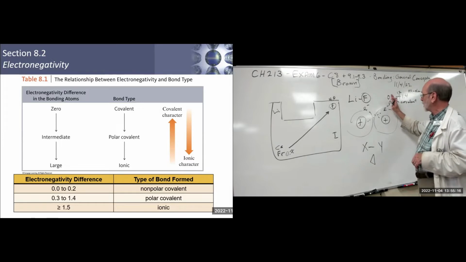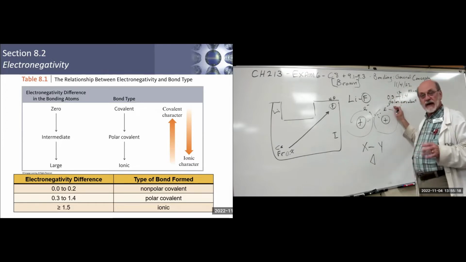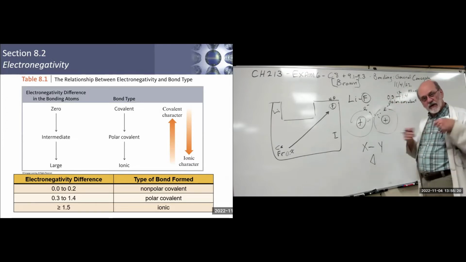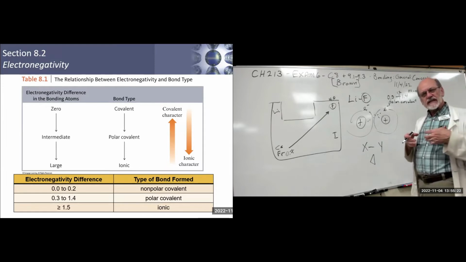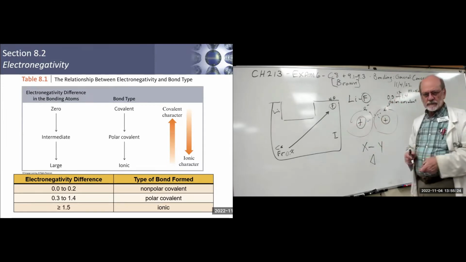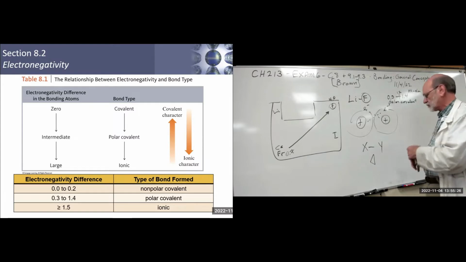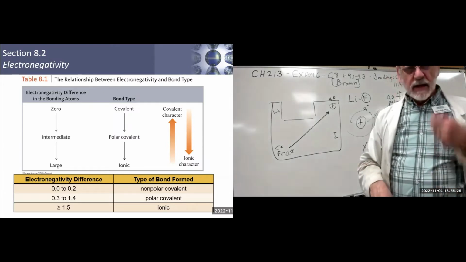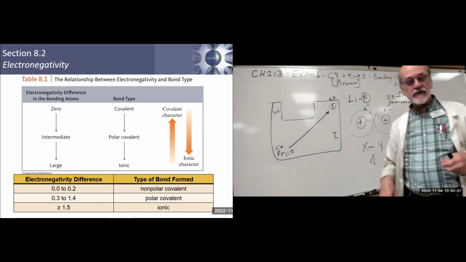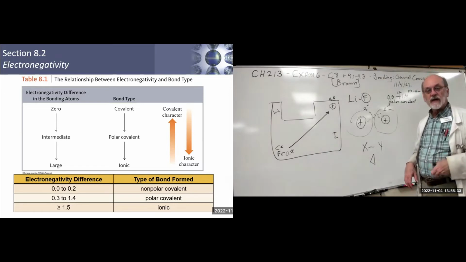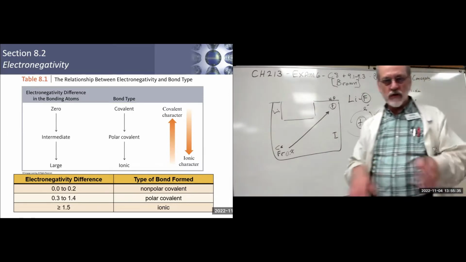But if it's between 0.3 and 1.2, it doesn't matter. It has to be polar covalent because of the way the electronegativities are distributed in the periodic table. And then definitely, if it's 1.5 or greater, it has to be ionic. There's no other choice.